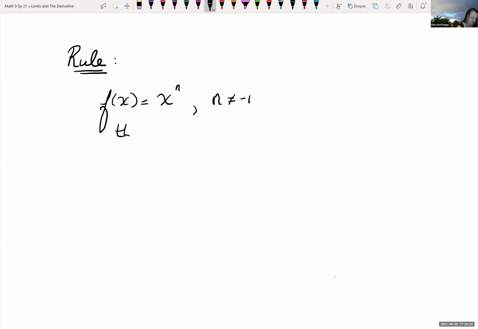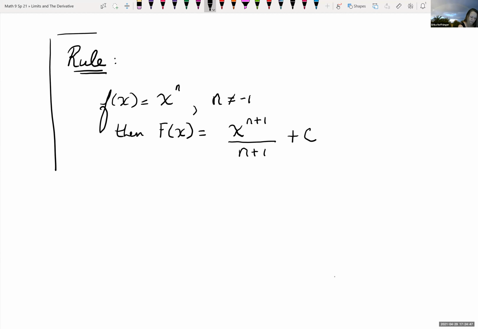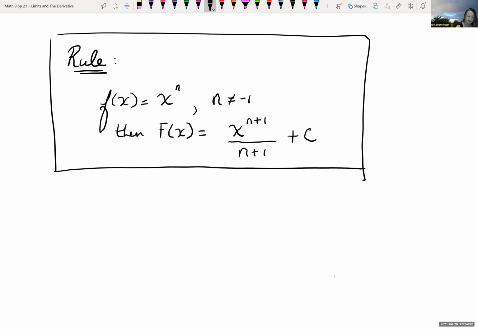Then the antiderivative, which is capital F of x, is going to equal, add 1 to our exponent, so we're going to get an n plus 1 power, and divide by our new exponent, n plus 1, plus some constant c. So here's our rule for finding antiderivatives when it's a power function like this.